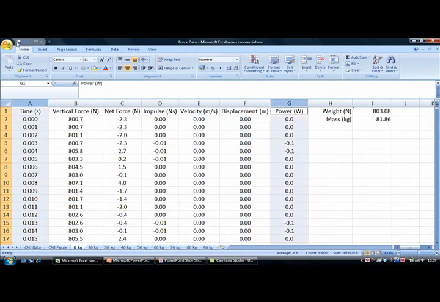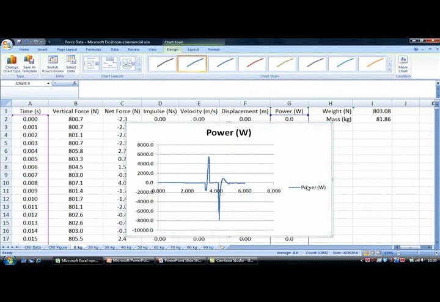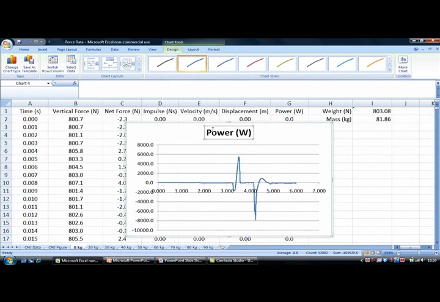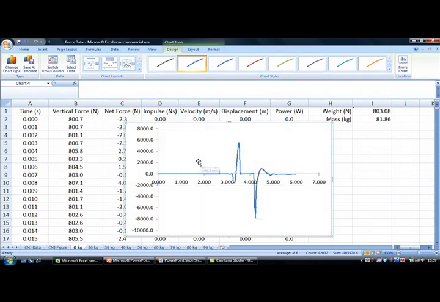Finally, moving on to the power curve, if I just plot this one as well. Okay, so you can see from our power data, just try and clear the grid lines. Again, if we think just up to takeoff, so our takeoff was at around 3.5 seconds, this phase here is during the air, we get negative power as they squat down, positive power during the concentric phase, and a large negative power upon landing.